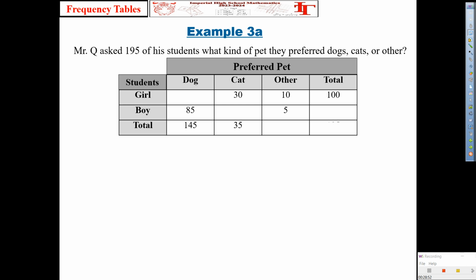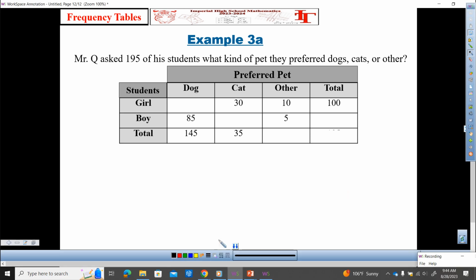All right. So it says, example 3A. Mr. Q asked 195 of his students what kind of pet they preferred, dogs, cats, or other. So as you're copying the table, let me do the most important part of two-way frequency tables. Here it goes. The most important.